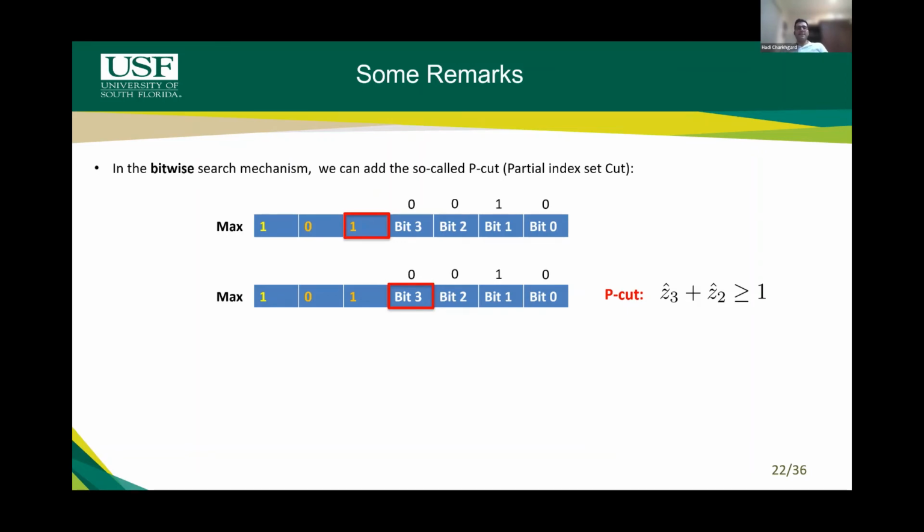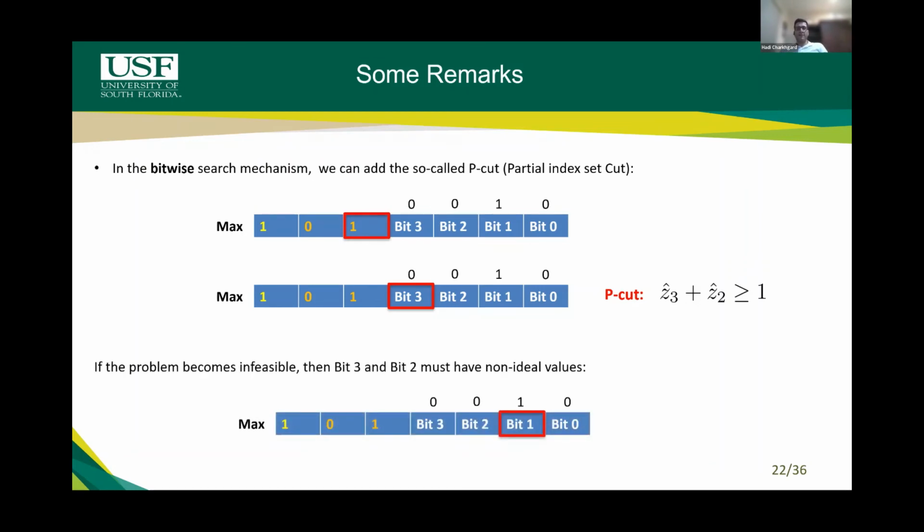If I add this cut to the problem when I'm exploring bit number 3, the problem may become infeasible, because there may be no way for these two values to be 1. If the problem is infeasible, I can immediately skip bit number 2, because I know there's no way to make the value of bit number 2 equal to 0. So in that case, I don't need to explore bit number 2 and 3.